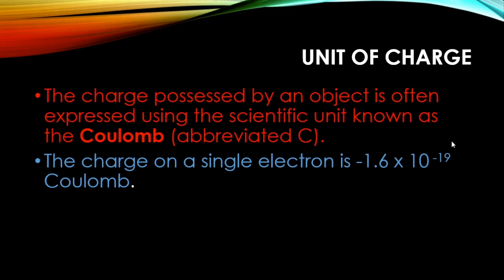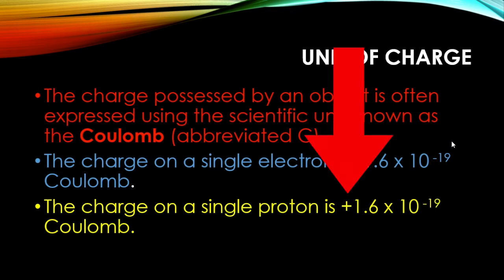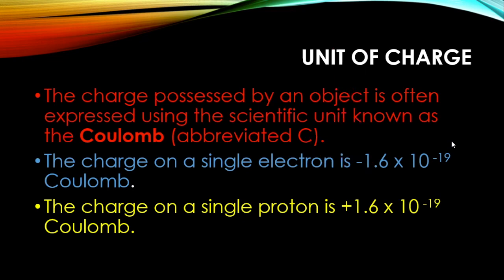This is a very, very small number, which makes sense because electrons are very small. The charge on a single proton is going to be the same number, except this time it's positive. So a proton is positive 1.6 times 10 to the negative 19th coulombs. I will give you these numbers. I don't expect you to memorize them. You can easily just Google these numbers too, but it's good to see them right now.